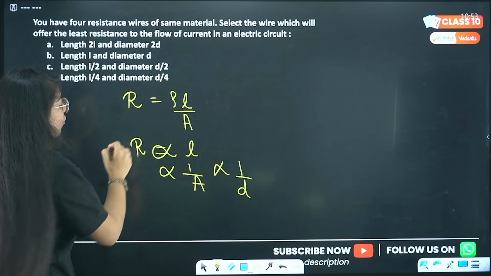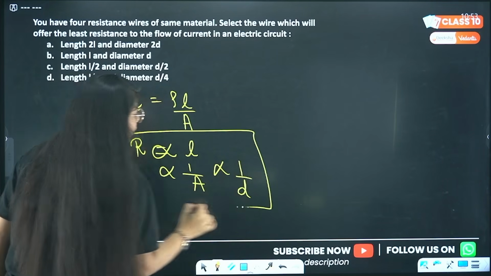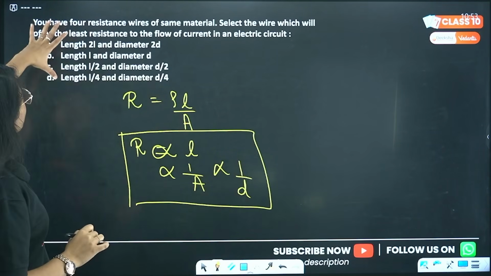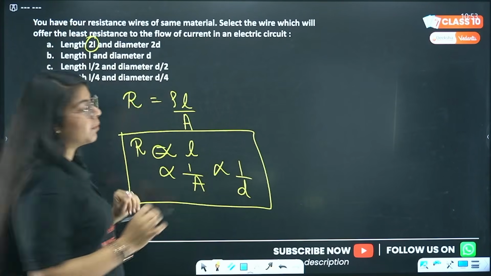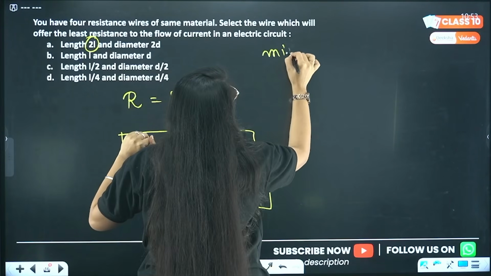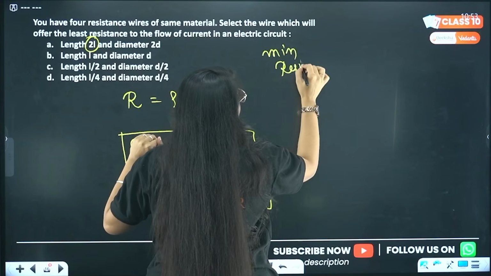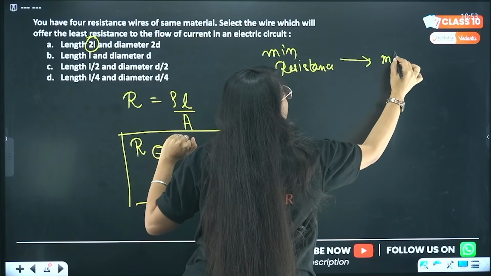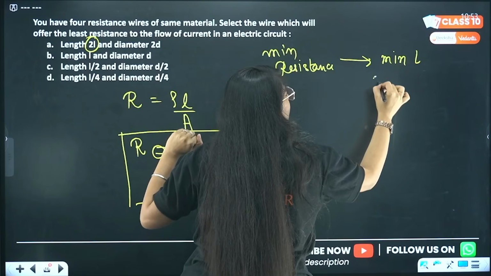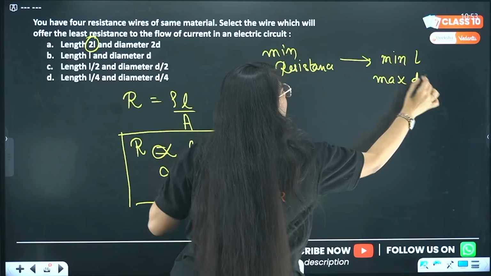Even though we know this formula, what is the highest length? We want minimum resistance. And for minimum resistance, we want minimum length, right? Minimum L and maximum diameter.